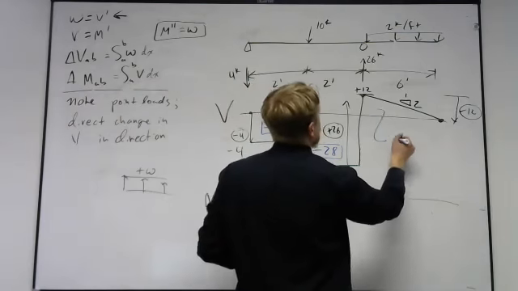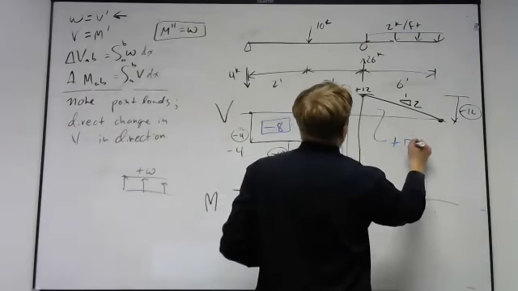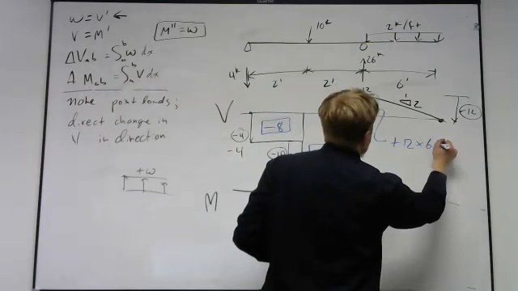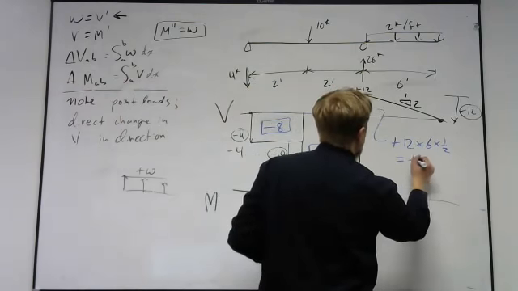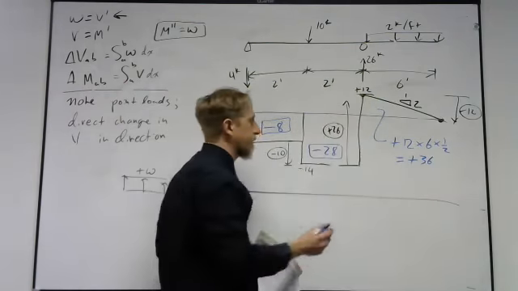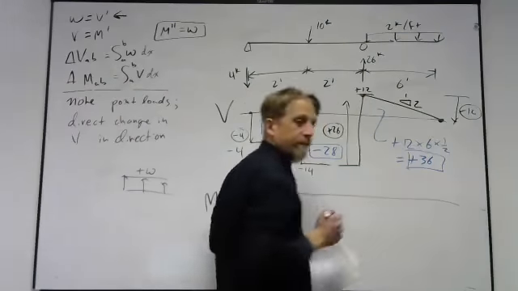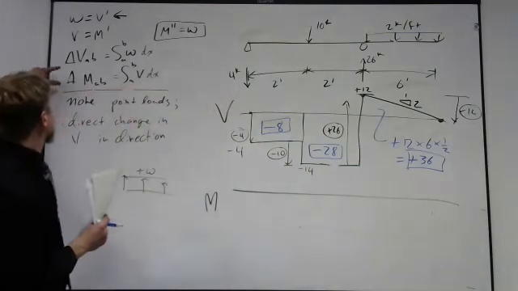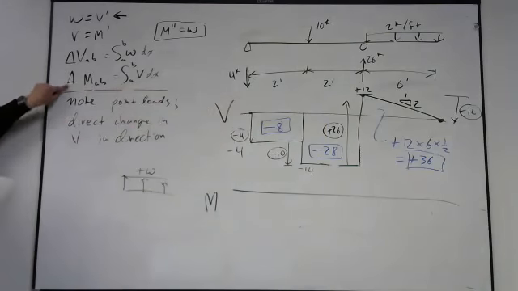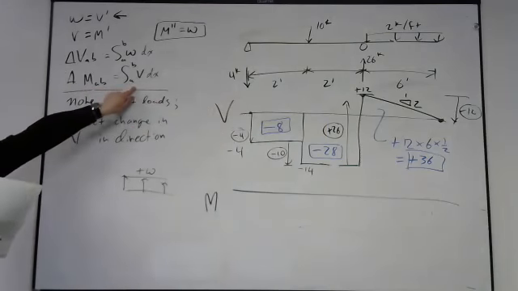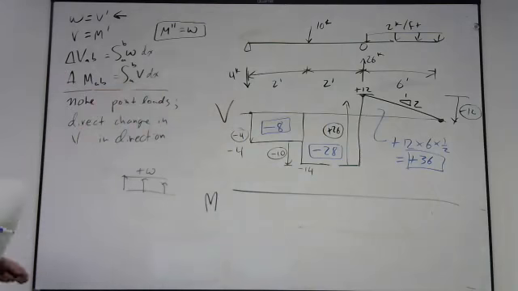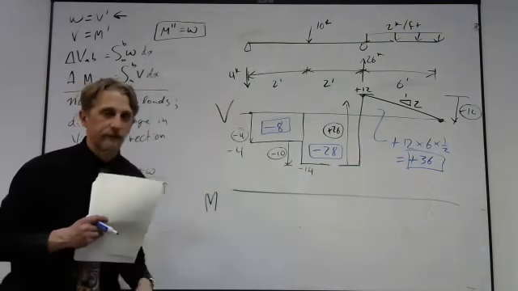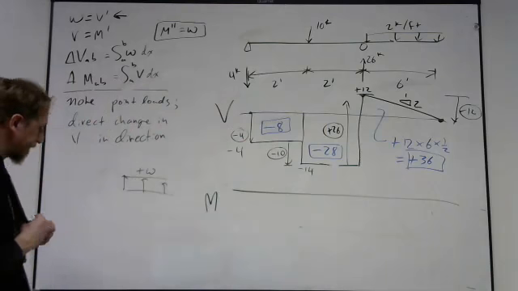This guy is going to be positive 12 times 6 times a half. That's positive 36. Okay, that's how the M diagram is changing. That's this change in M is the integration of V. Integration of V is just nothing but area under the curve or area of these shapes. You don't have to do any integration.